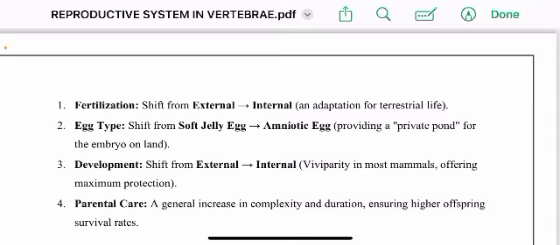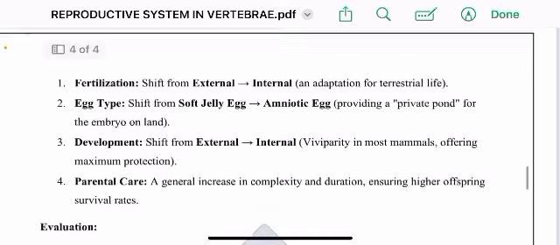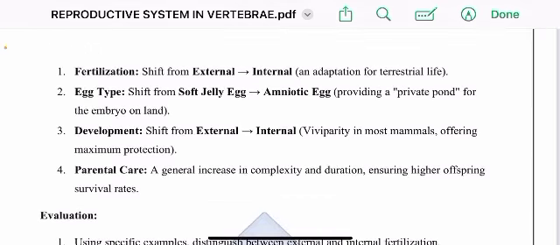And this brings an adaptation from aquatic life to terrestrial life. Then in the egg type, there's a shift from soft jelly egg, as seen in fishes, to amniotic egg, which provides a private pond for the embryo on land.